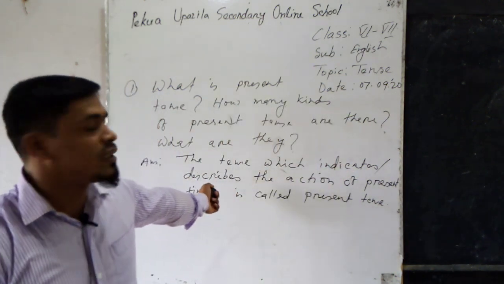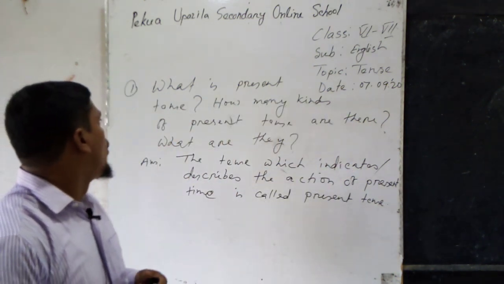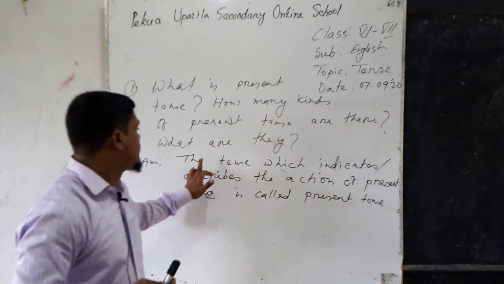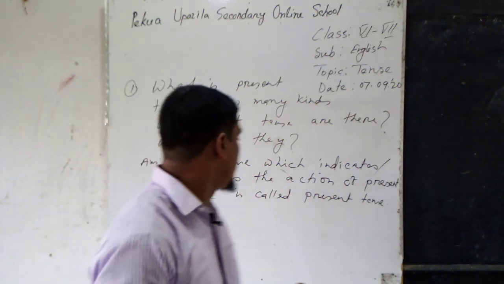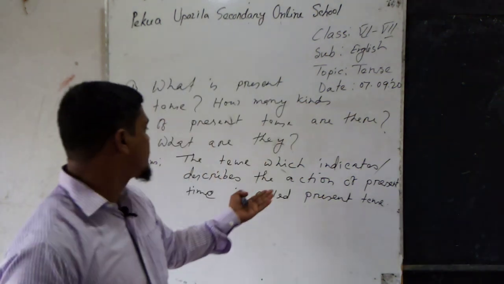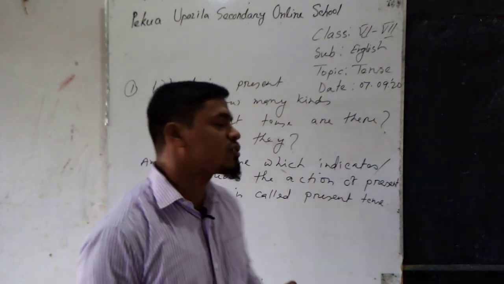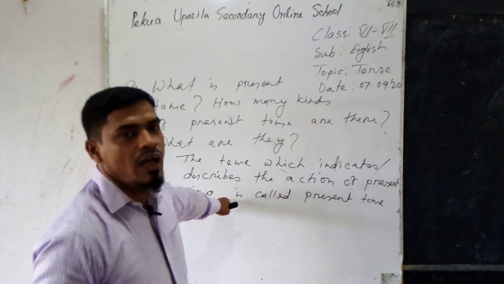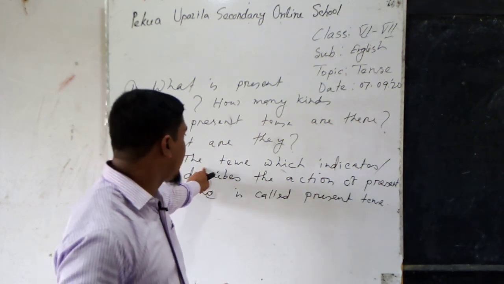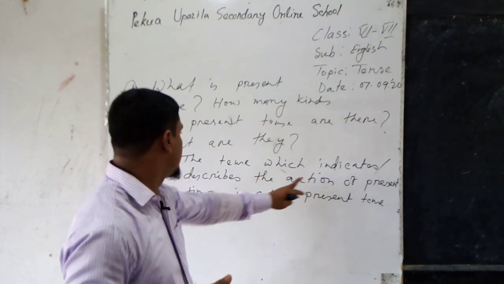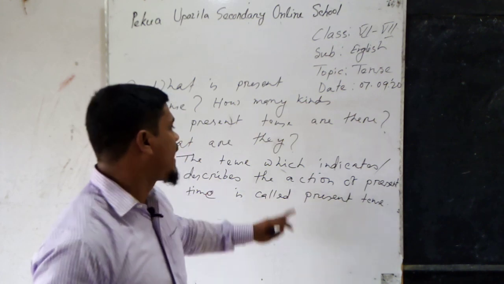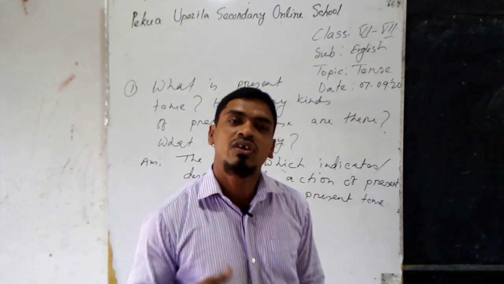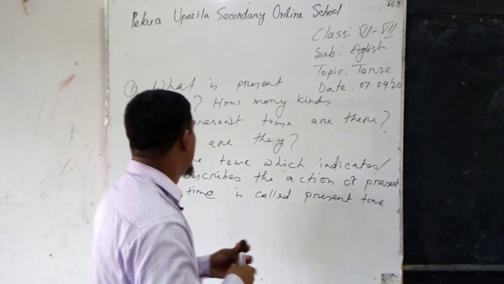The answer of question number one: what is present tense? The tense which indicates or describes the action of present time is called present tense. Dear students, listen to me again. The tense which indicates or describes the action of present time is called present tense.